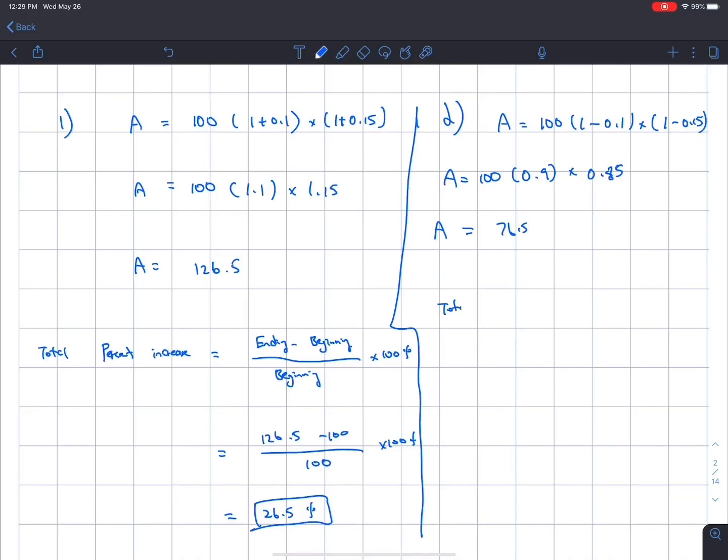So the total percent decrease is going to be the ending minus the beginning divided by the beginning times 100%. So that would be negative 23.5%. So that's a decrease of 23.5%.